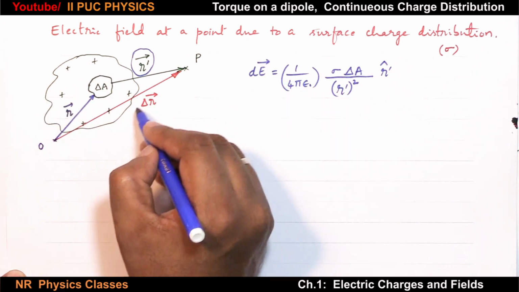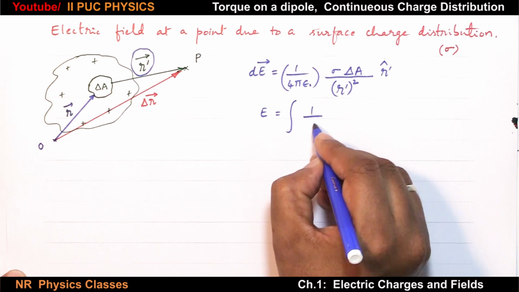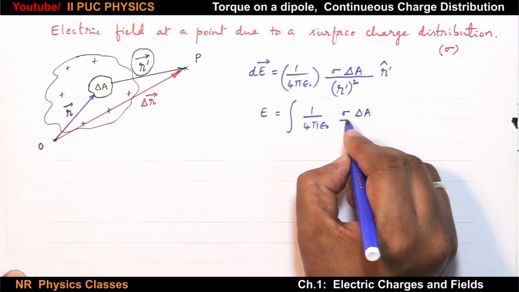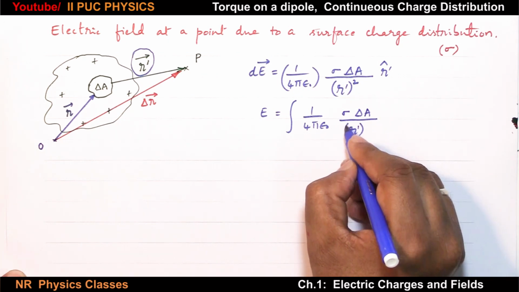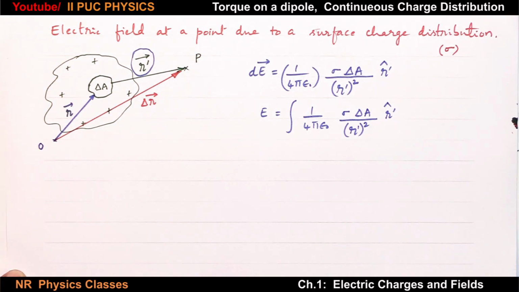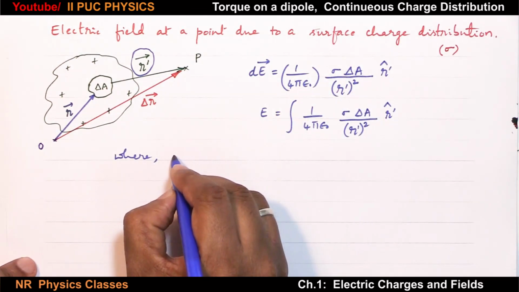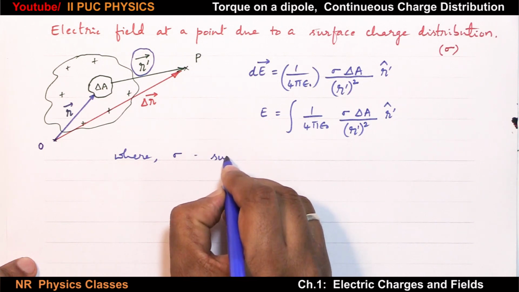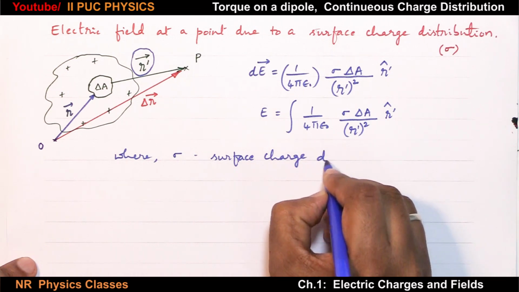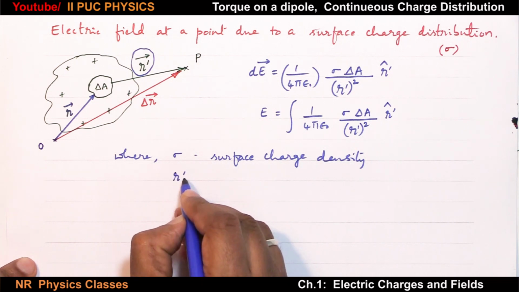So what is the electric field due to the entire charge? We have to integrate. It is the integration of 1 by 4 pi epsilon naught sigma into delta A by R dash square into R dash cap. So sigma appears due to the surface charge, where sigma is the surface charge density. Students, what is R dash?